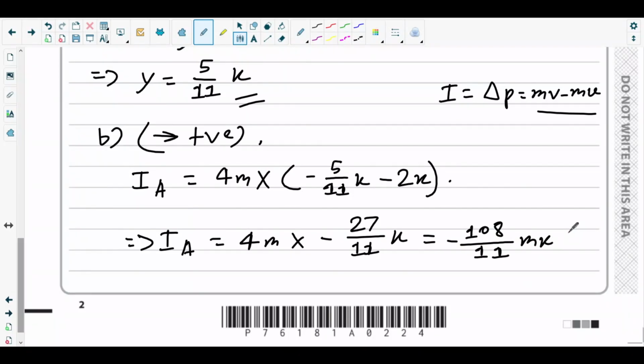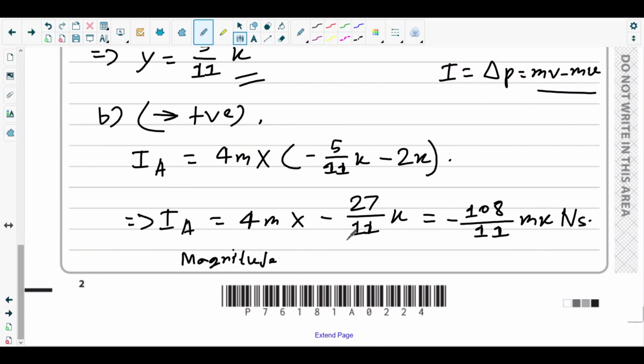What's the unit of impulse? It's the change in momentum, so the unit of momentum is kg meter per second, or you can say Newton second. Both will work. They wanted the magnitude, so if you give the final answer as negative, it will not be accepted.